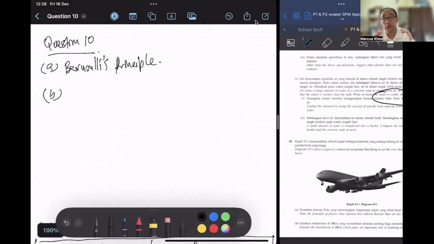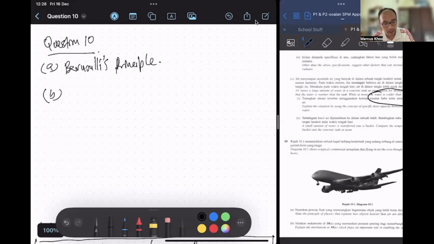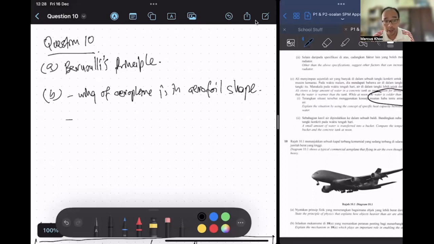Of course you talk about the shape of the airplane wing. The wing of the aeroplane is in aerofoil shape. Don't worry about the English now. Then you talk about the region above the wing and the region under the wing.